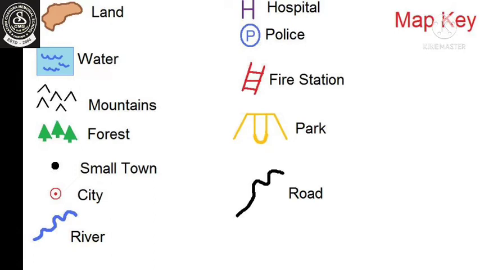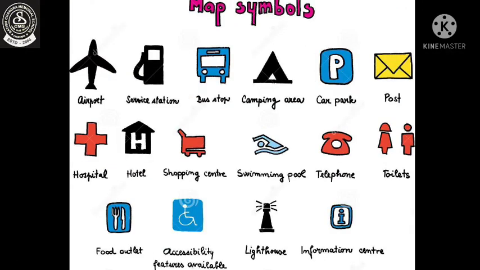So all these signs and symbols we can use in the map. They are also known as map key. In case you are making a map, suppose a road map, these are some of the symbols which you can use to show different activities at different places in your map.